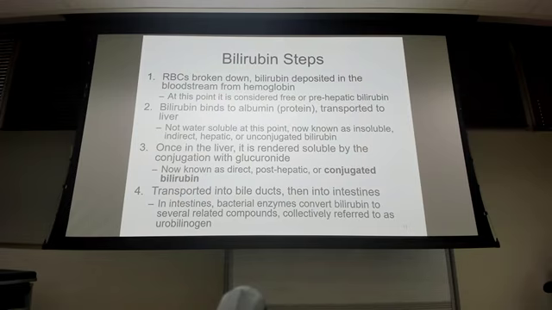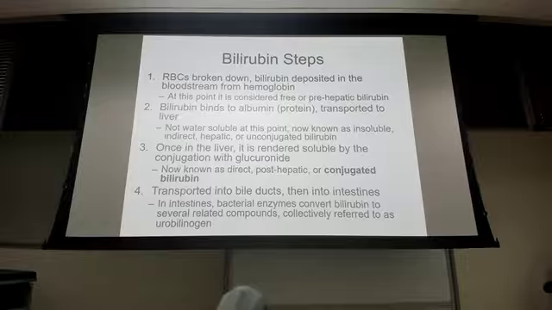Then in the bloodstream, the bilirubin is going to bind with albumin. Then go to the liver to be conjugated. And then it becomes conjugated bilirubin. Conjugated bilirubin enters the bile, goes to the gallbladder, and the intestine. So big difference between conjugated and unconjugated if it's pre-liver or post-liver.